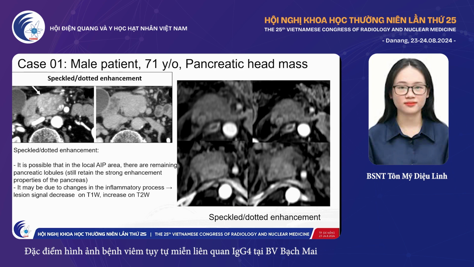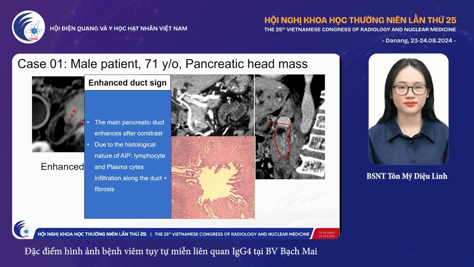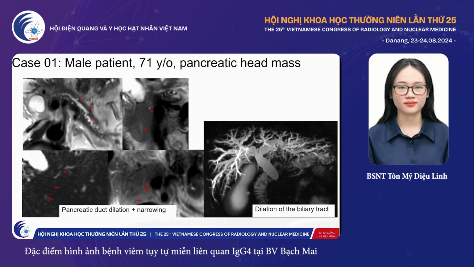So the lesion signal can be decreased on T1 and increased on T2. We also see the enhancement of the pancreatic duct and distal common bile duct, and it is an enhanced duct sign. The main pancreatic duct enhanced after contrast due to infiltration of lymphocytes, plasmacytes, and fibrocytes along the duct. The other lesions are some irregular narrowing of the pancreatic duct and dilation of the biliary tract.